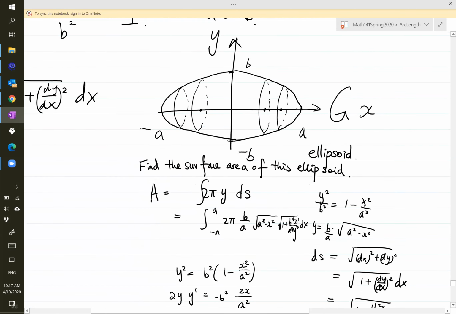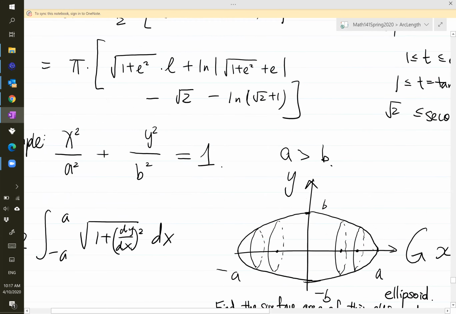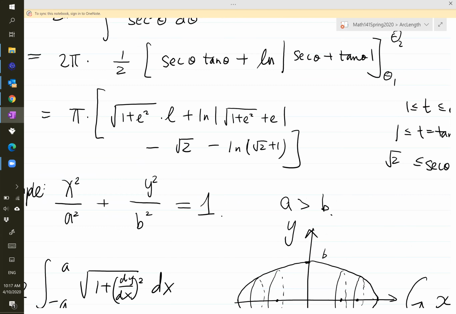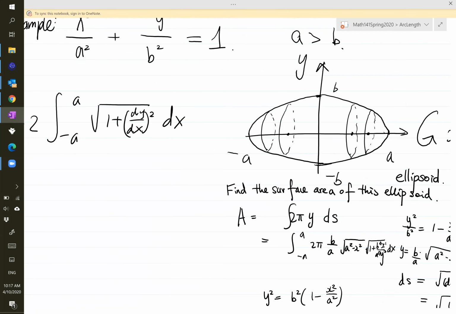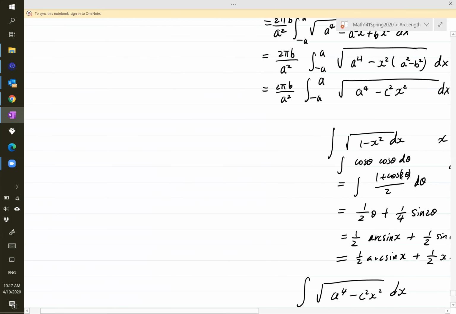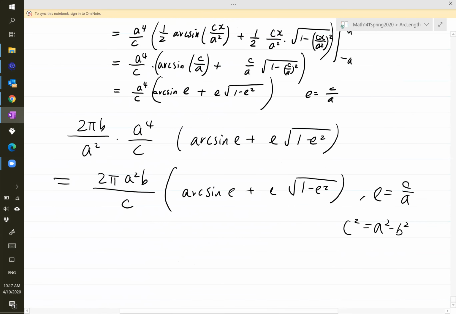However, the case for arc length of an ellipse, unfortunately, we cannot: we don't have an explicit antiderivative of that thing by elementary functions. Okay, go back down. So we are done with the area of the ellipsoid.